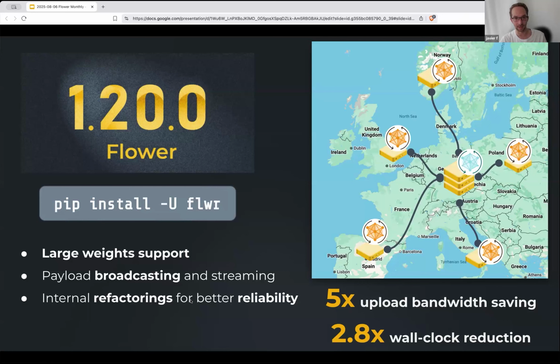You can go and check the release blog post we made for Flower 1.20 to see this in a bit more detail, as well as other features that are in the release. And as always, you can upgrade with pip install -U flwr. So this is a quick overview of the main update I wanted to share with you today.